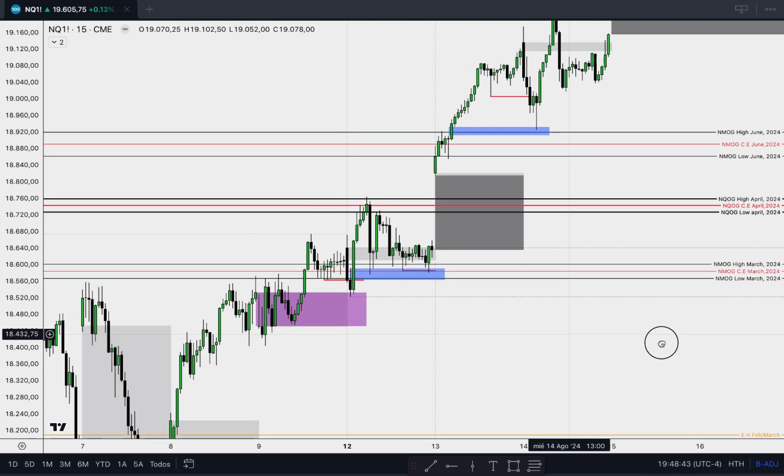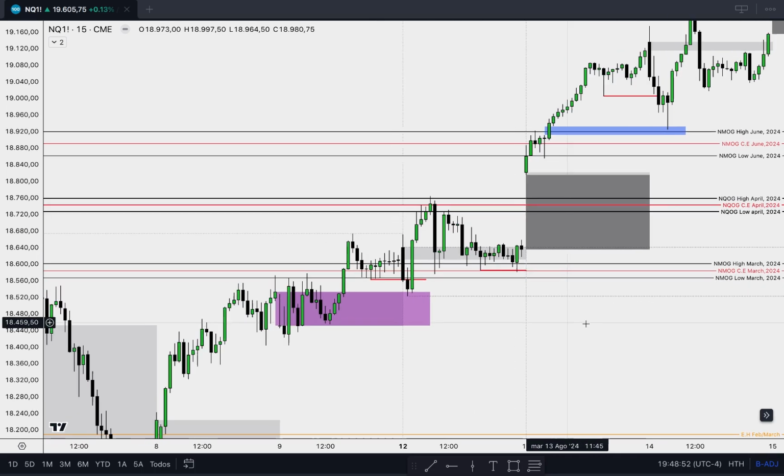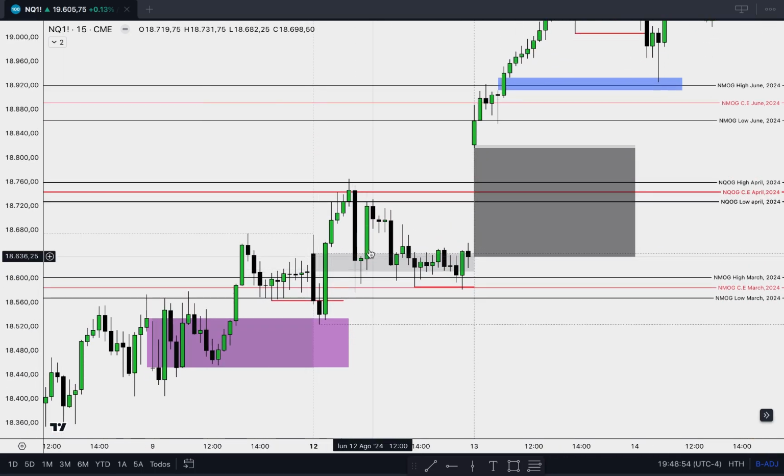Okay, so now look what they did on Monday price action. We close above the gap, and note the bodies respecting the gap with precision. We closed just below the opening gap, this regular trading hours gap, on both of these candles, but we respect this gap here.